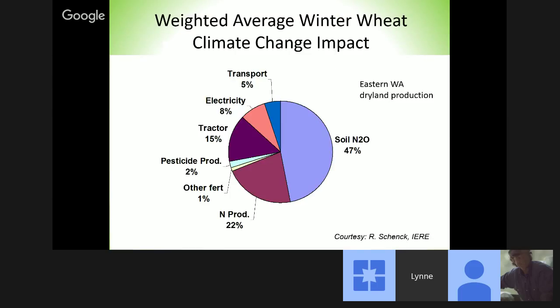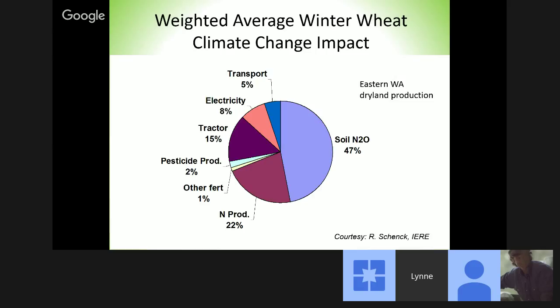So we have some information out there, but what we are finding is that these generalities don't necessarily apply to any given farm. So as we start to do individual studies on individual operations or types of operations, we get more specific information, and therefore we might be better able to do something about it.